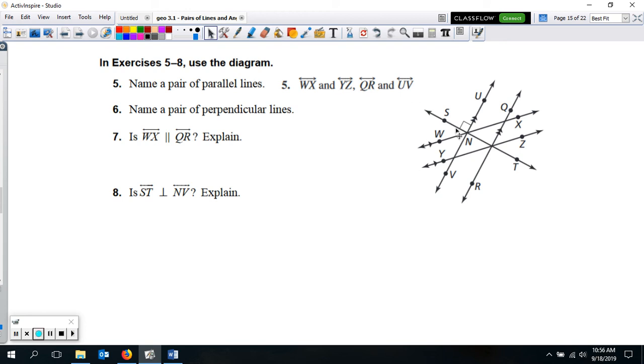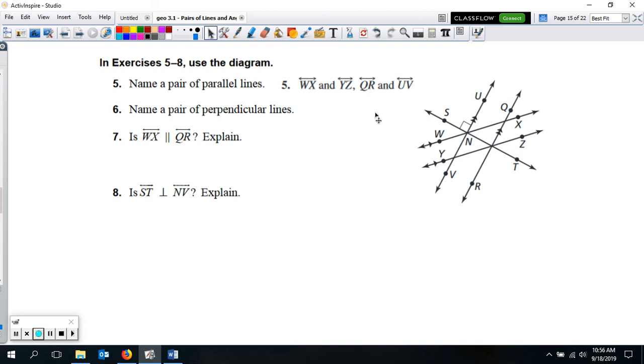And you could have gone back and forth. You could have called it XW or WX. That didn't really make any difference. Name a pair of perpendicular lines, and that would be the only perpendicular mark here. So ST, this line is perpendicular to this one, like VU. You could also call it VN, or you can call it UN, something like that.